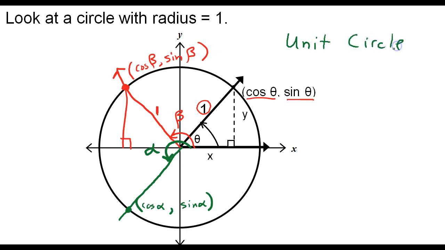Now, if you think about our regular coordinate system, when we make our XY coordinate system and we mark off our units, we say, okay, 1, 2, 3, 1, 2, 3, and so forth.